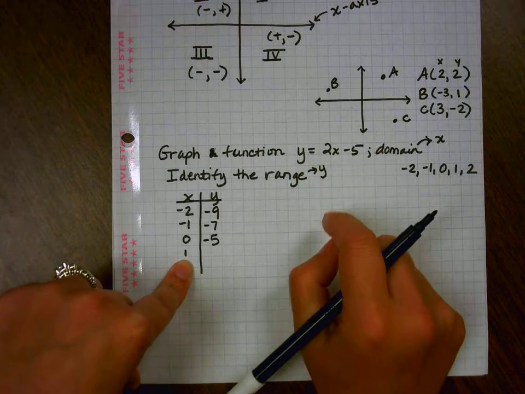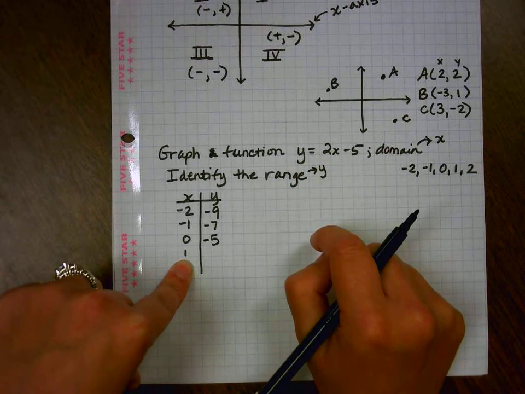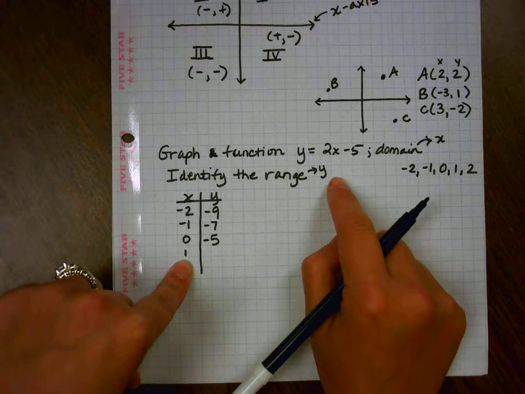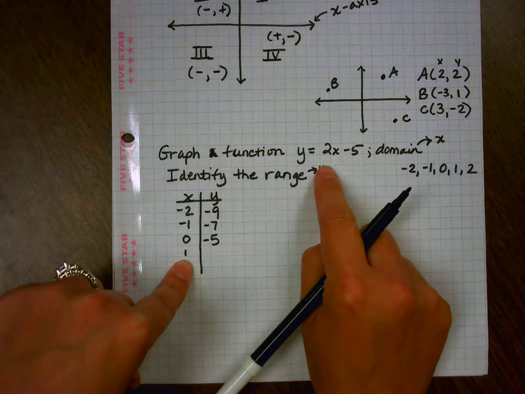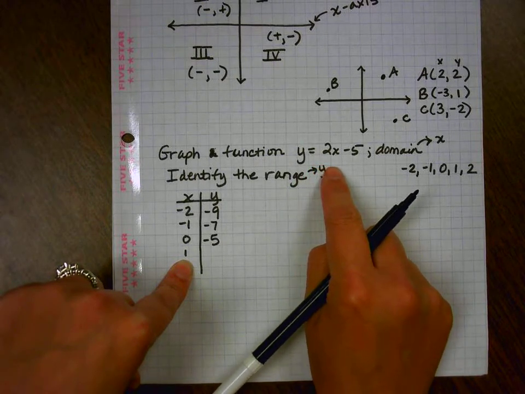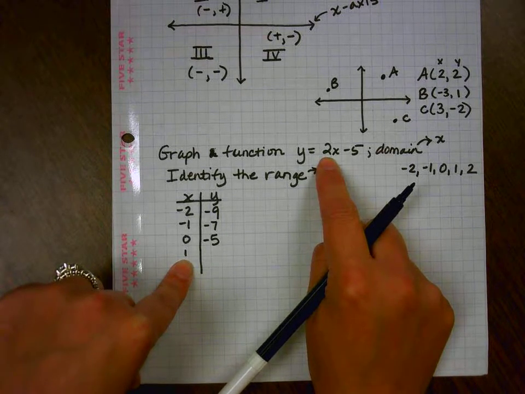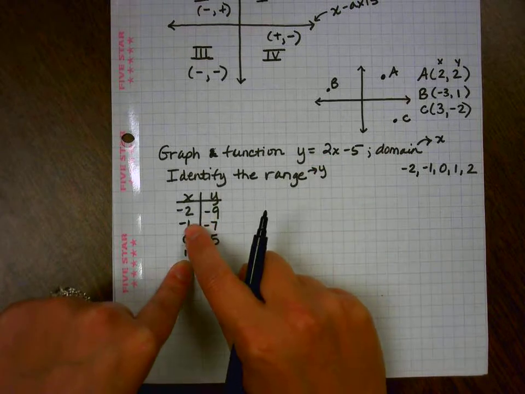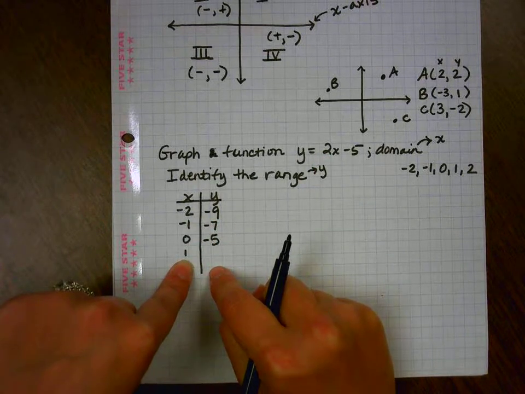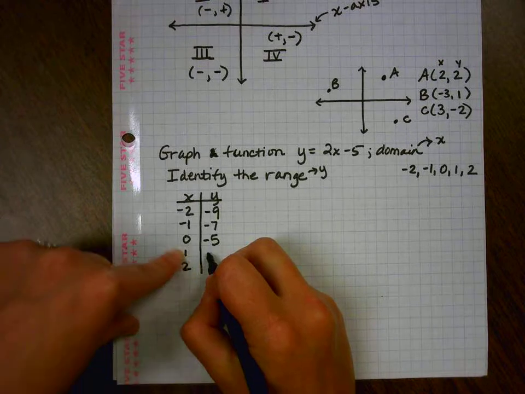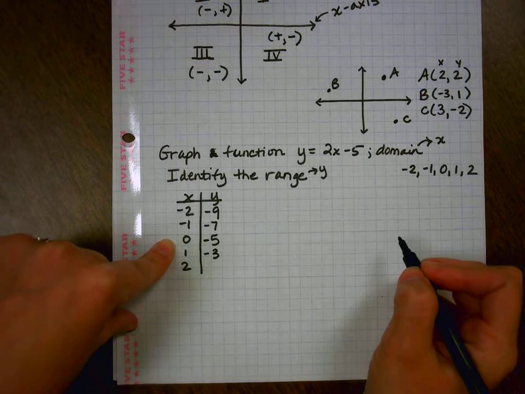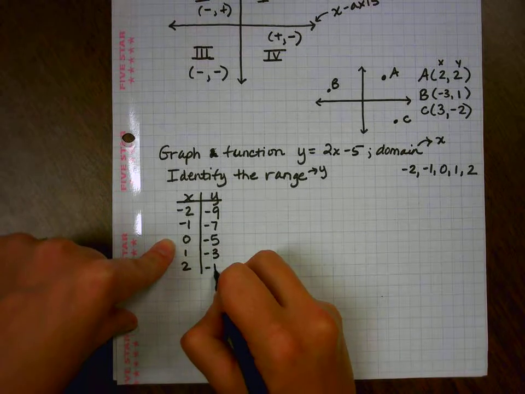Ryan? The -5? No, that wouldn't make it increase by 2, Tori. Ding, ding, ding. Yeah, this number right here is +2. If you're counting by ones, you should see a pattern of increasing by 2 each time. So that would be -3, and then again add 2 more, -1.